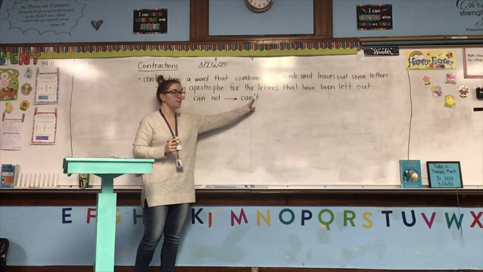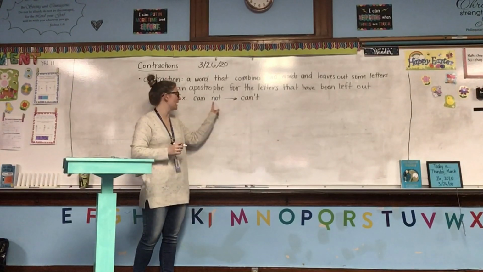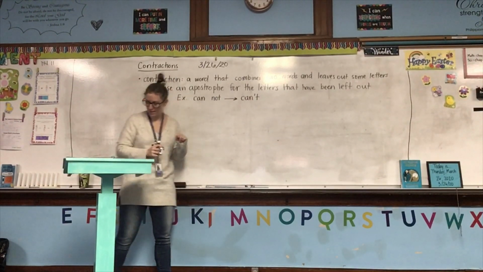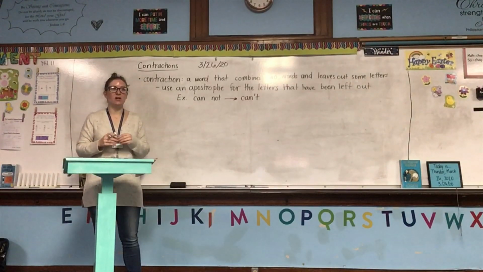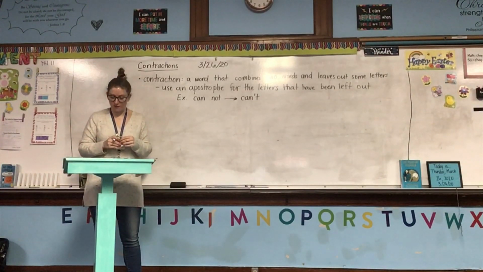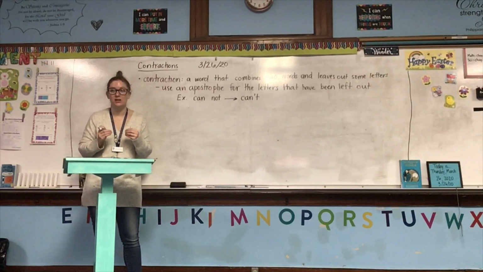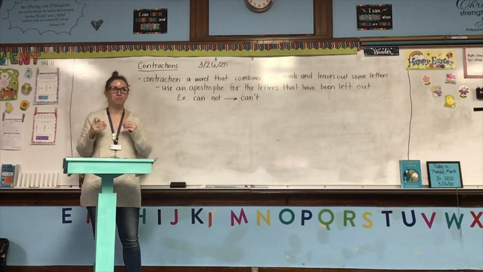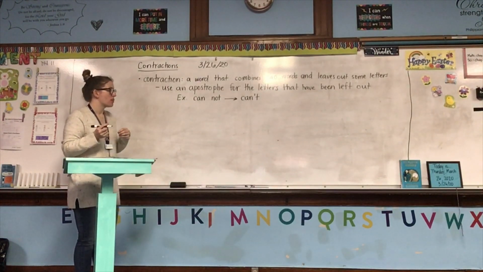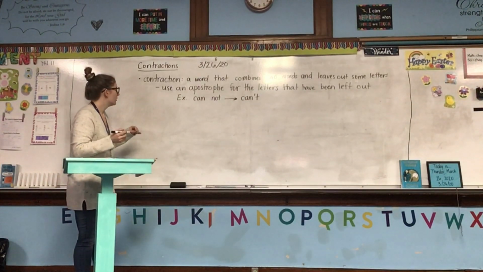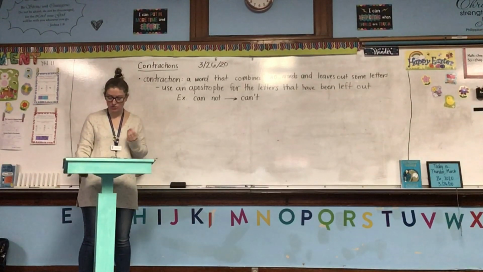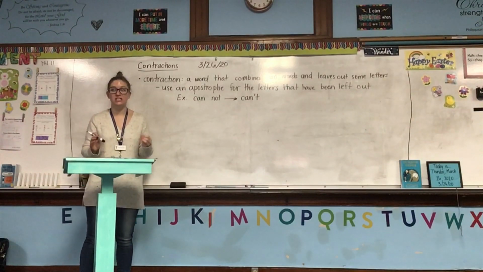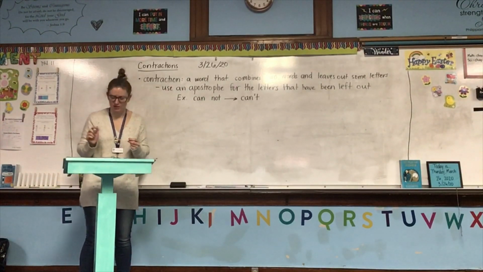Okay, so we have this apostrophe here because we're missing the letters N and O. Now, usually we only use the forms of have and be to create contractions. Now, I'm going to tell you how to create contractions with different smaller words.